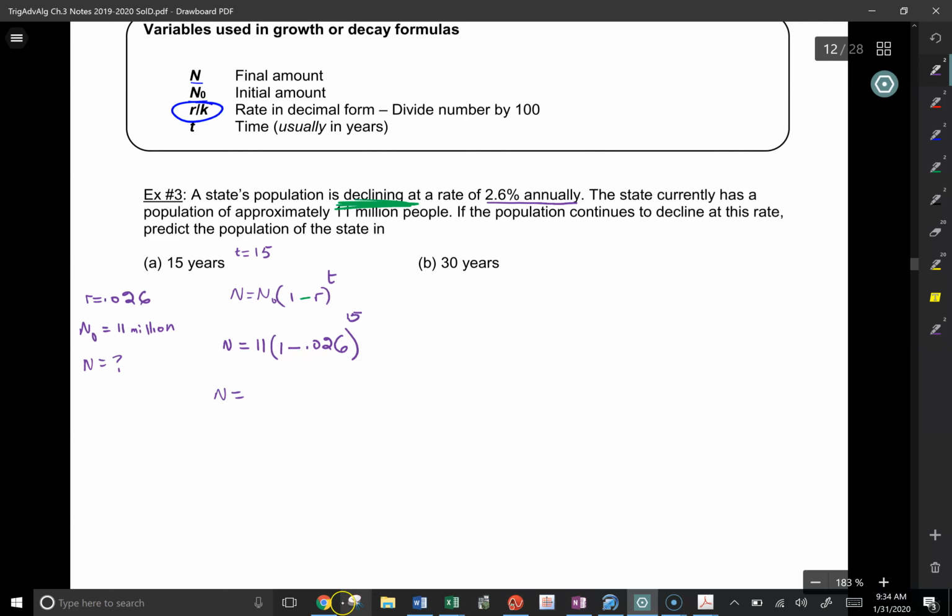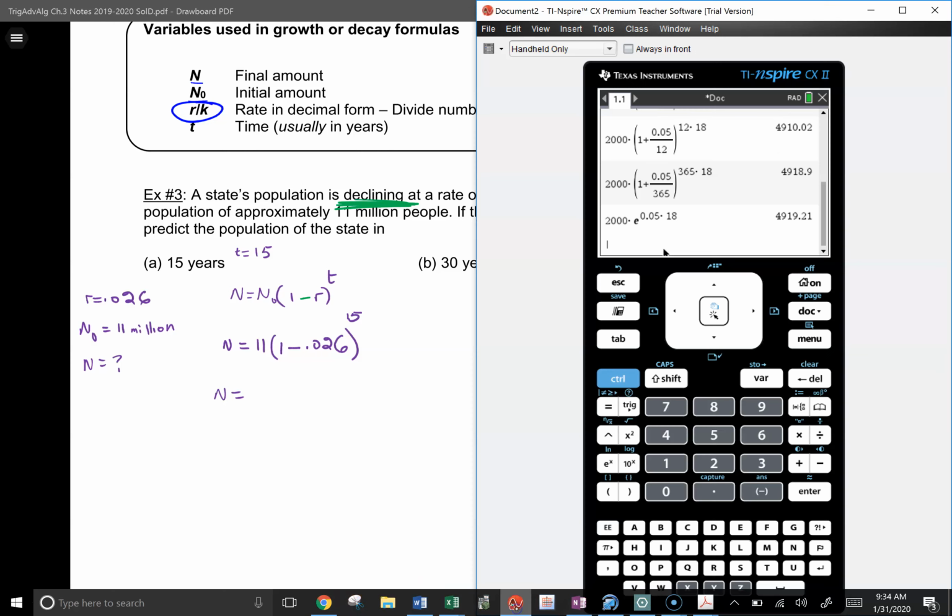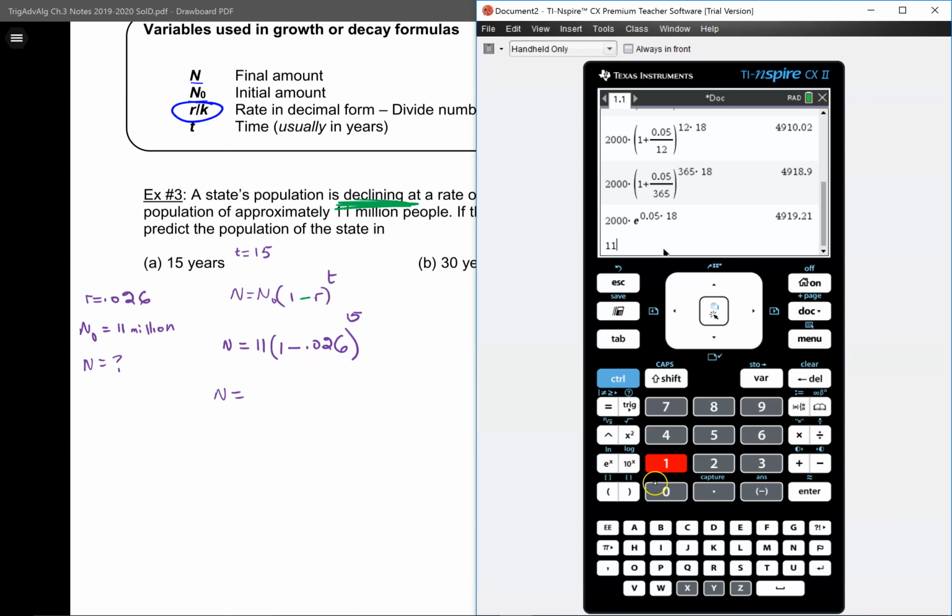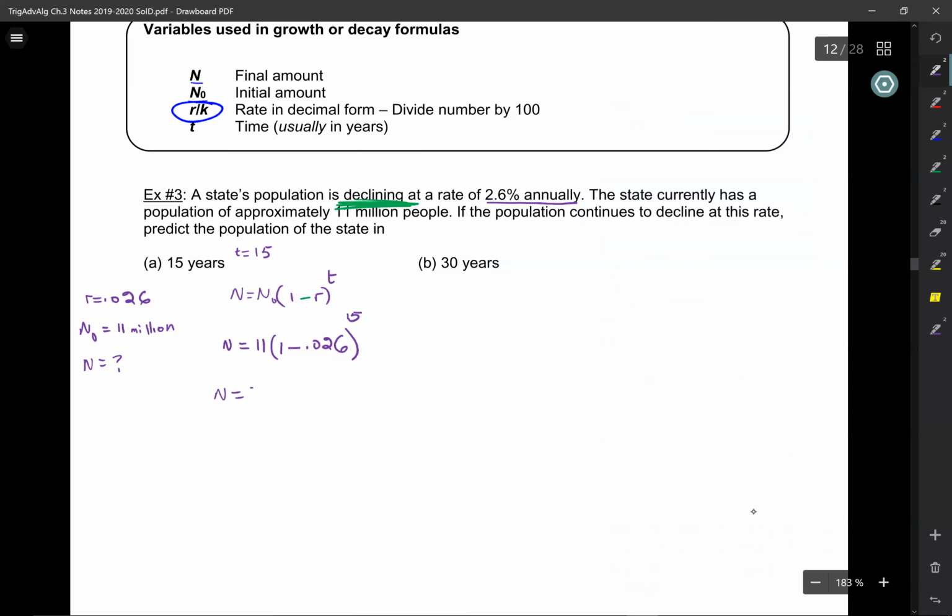So now when I go to the calculator, it's 11 times 1 minus 0.026 to the power of 15, and that's 7.4093. So what does this mean? In 15 years, there are 7.4 people left? Million. So this is approximately 7.4 million people.